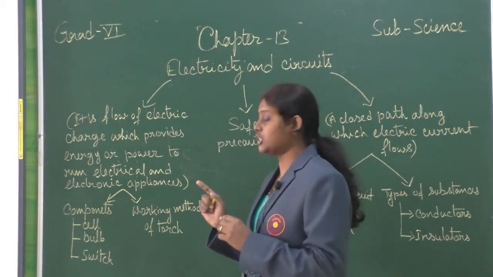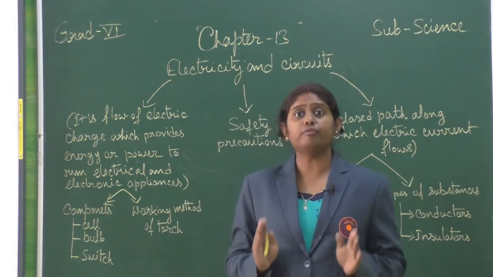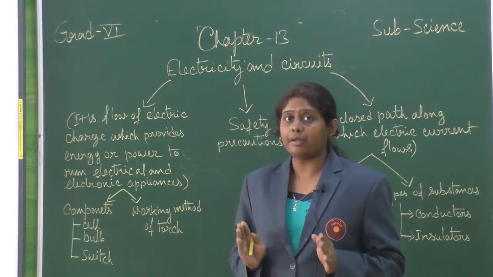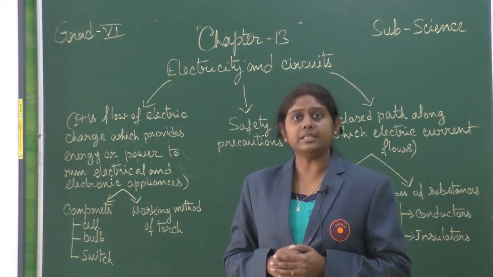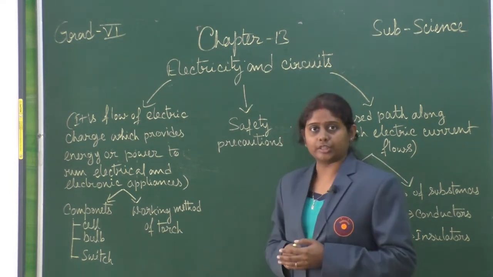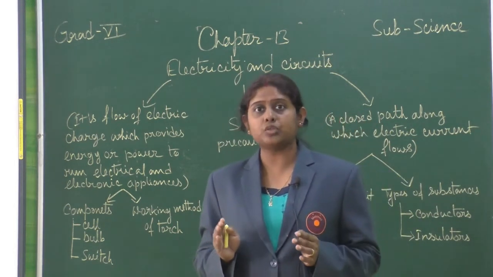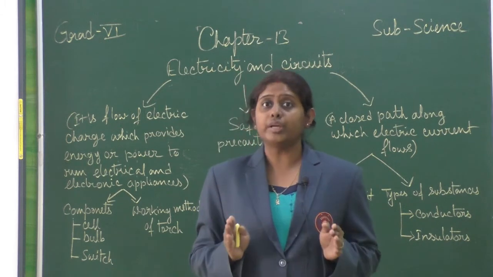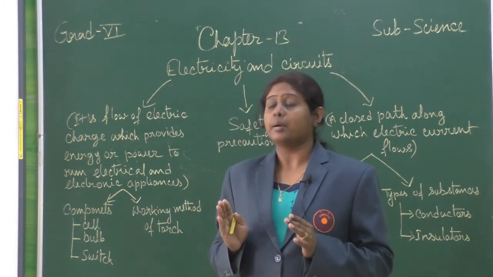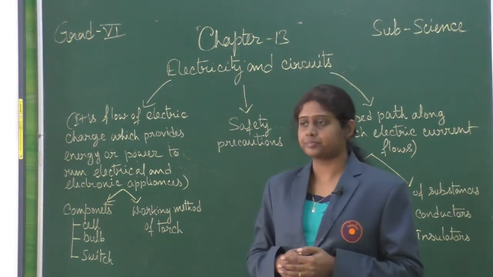But when the switch is in the off position, electricity does not flow through it, forming an open circuit. Now, a torch is a portable electric gadget which we use as a simple circuit example.